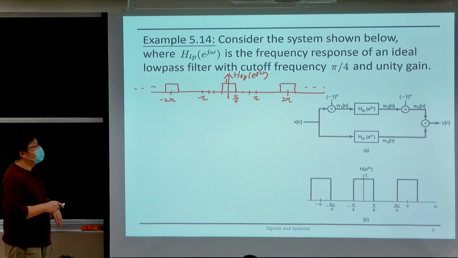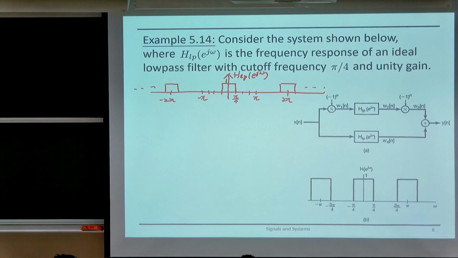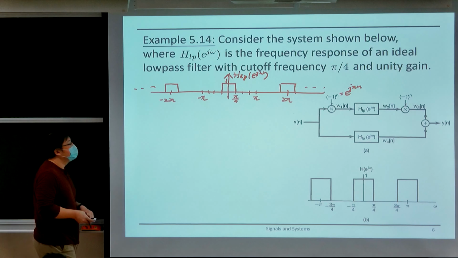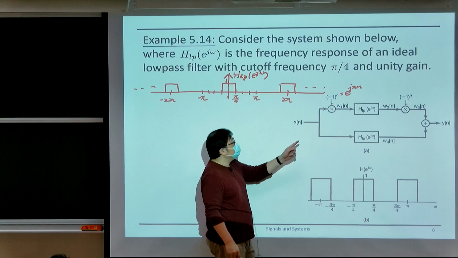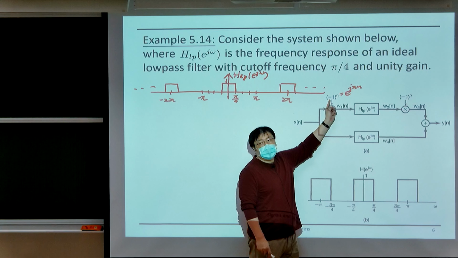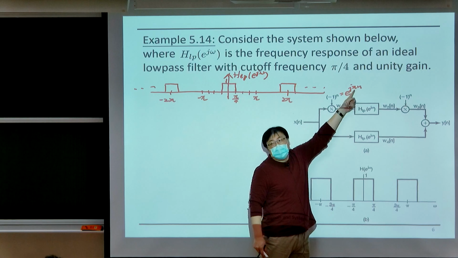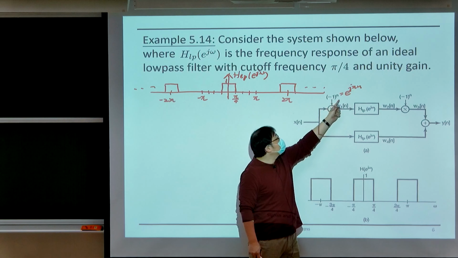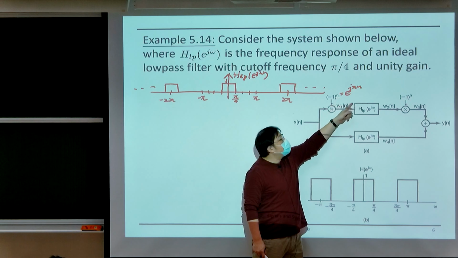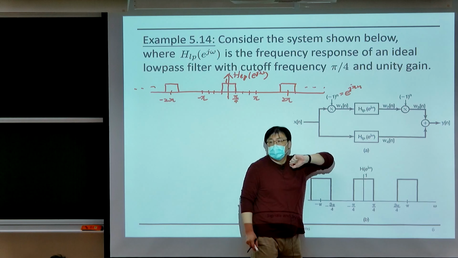Notice that -1 to the power n you can actually view as e to the j pi n, because -1 is actually e to the j pi. So when you take -1 to the power n, this is actually e to the j pi n.